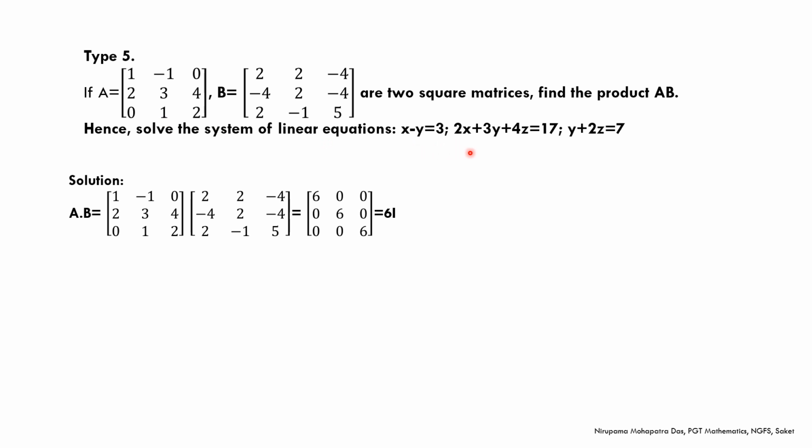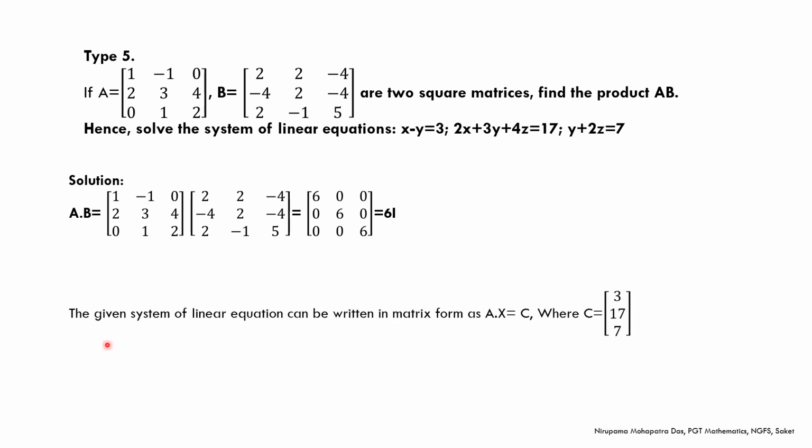It means the coefficient matrix of the system is matching with the A matrix. So we can write here, the given system can be written in matrix form as A into X equal to C. We haven't taken B here because the B matrix is already given here. Okay?